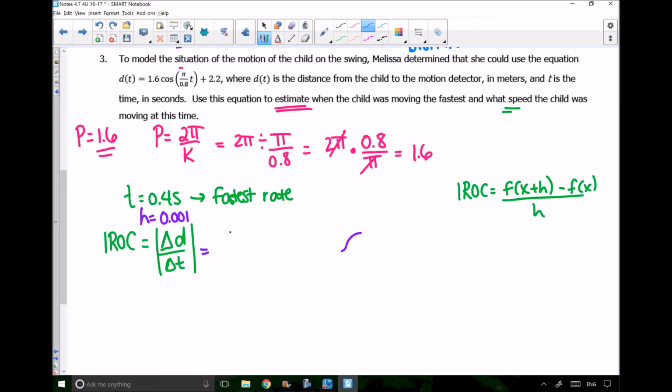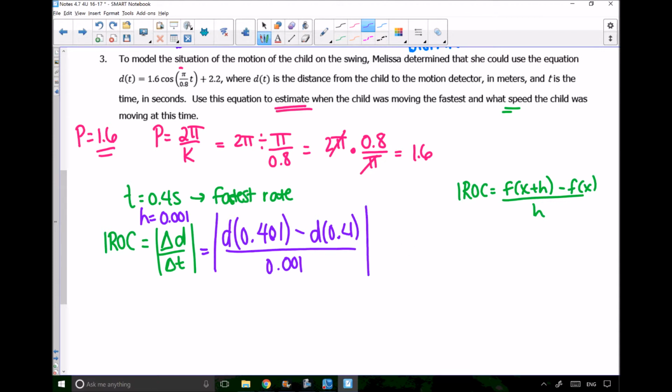So I'm going to do d of 0.401, and I'm doing d because this is d of t, minus d of 0.4, and that's all going to be divided by 0.001. However, it needs to be in the absolute value right here.